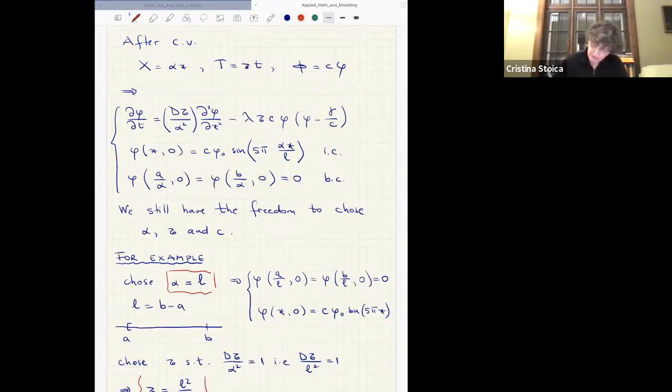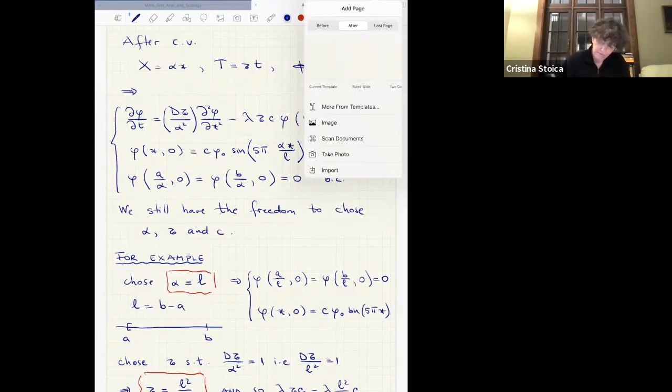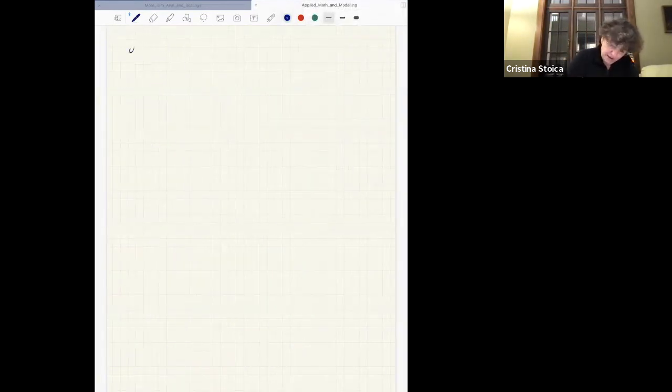And now what will come of this? We have that lambda tau C will become lambda L squared over D C. Okay, so for now, what do we have? We have alpha L, tau was L squared over D, and our model is d phi dt with these choices.